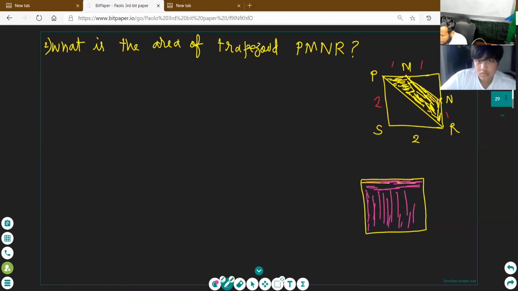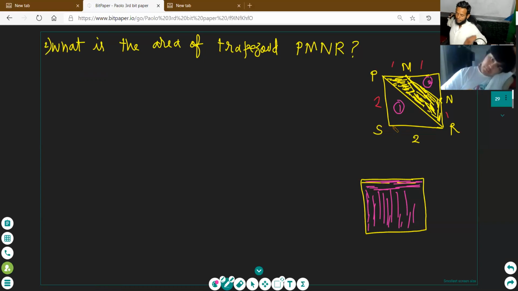And you should subtract this 1 area and this 2 area. You should find the 1 area and 2 area and then subtract them from this figure. Then you can get the area of this. Clear, not clear? Okay. So first find the area of the square and then minus the area of these two. Yes. Good.